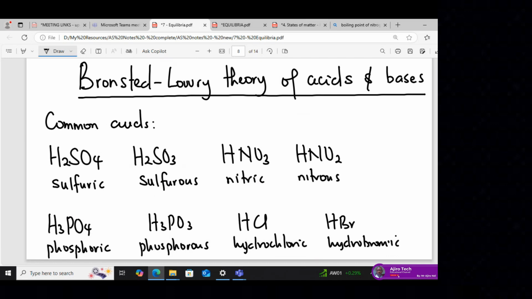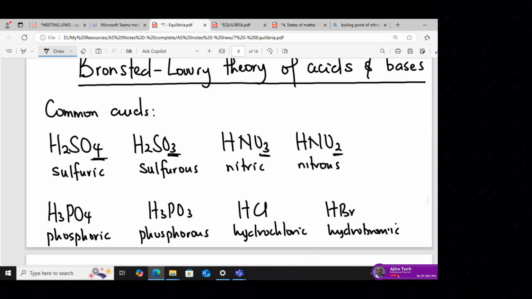Common acids. Yeah, it's from the Bronsted-Lowry theory of acids and bases. We have sulfuric acid. We have sulfurous acid. Look at the difference between them. Look at their names: sulfuric, sulfurous, nitric, nitrous. Can you see now?